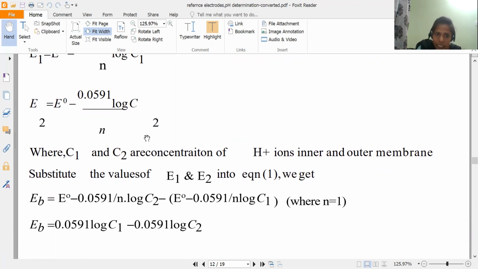We can write this at the front and this at the last. So we can write 0.059 by N log C1 minus 0.059 by N log C2. But here the N value will be 1. So when we substitute N, we can write 0.059 log C1 minus 0.059 log C2.